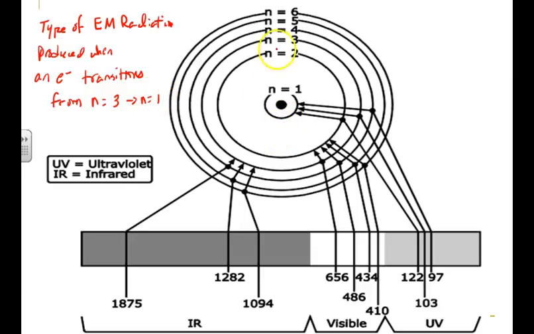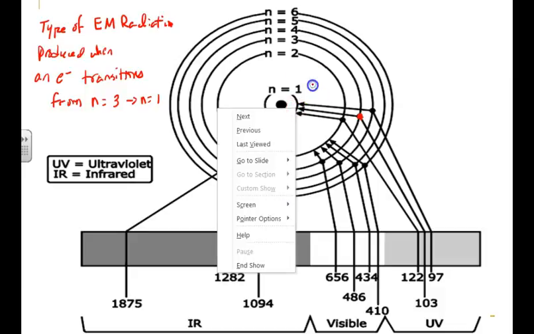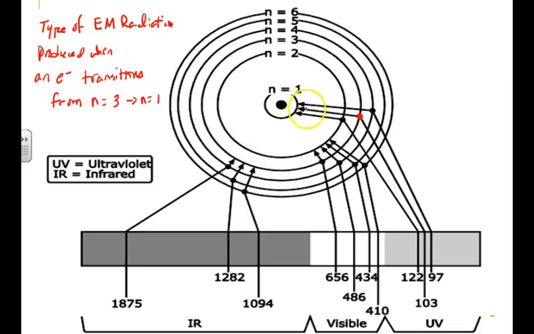Okay, so we have to find n equals 3. Here's n equals 3, and this electron at this spot, we see it moving to n equals 1. N equals 3 to n equals 1. Then we follow the line backwards here, and we see that it's going to correspond to a wavelength.